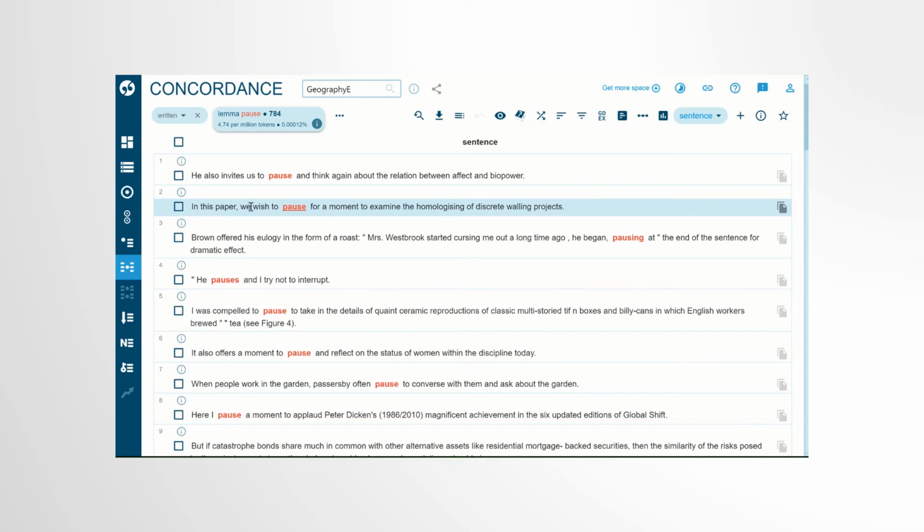It's not strictly speaking classified as a modal verb by linguists, but it does express modality. So we wish to pause for a moment, for a particular time, to do something seems to be a common usage. Okay, so we found one example.